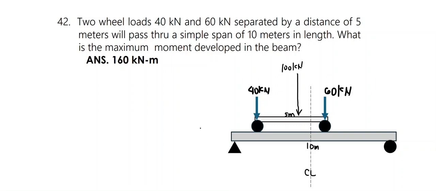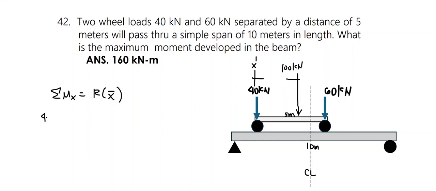Now, we need to solve for the distance of the 100 kN force, that is the resultant, from the 40 kN force. So let's take this 40 kN as our reference axis. We call this x. To solve for the distance, we take the summation of moment at the x-axis, equal to the resultant force times its moment arm distance from the axis.